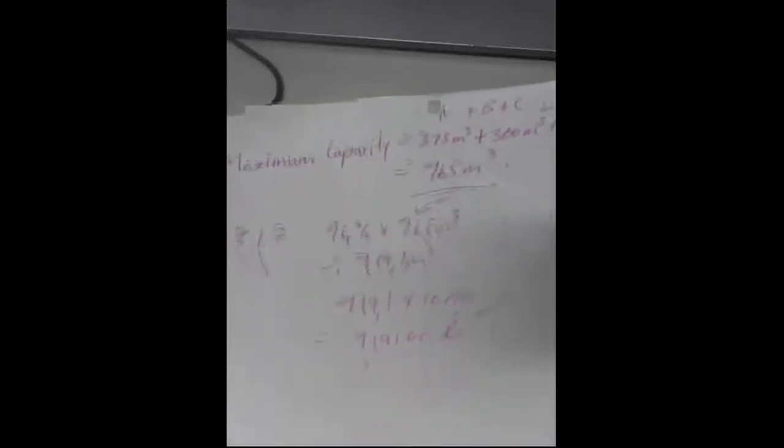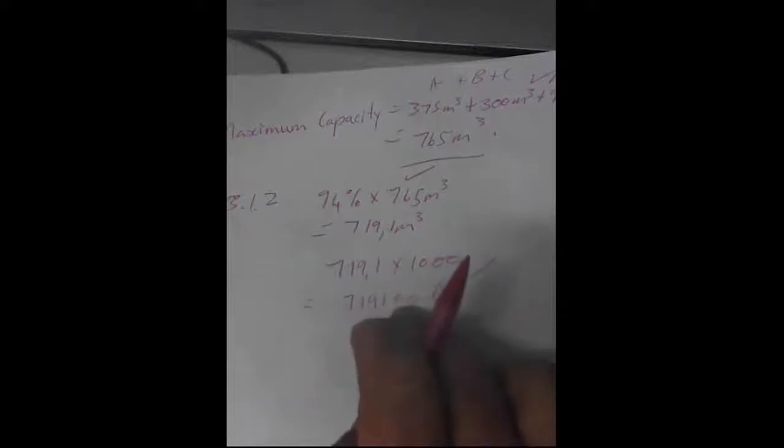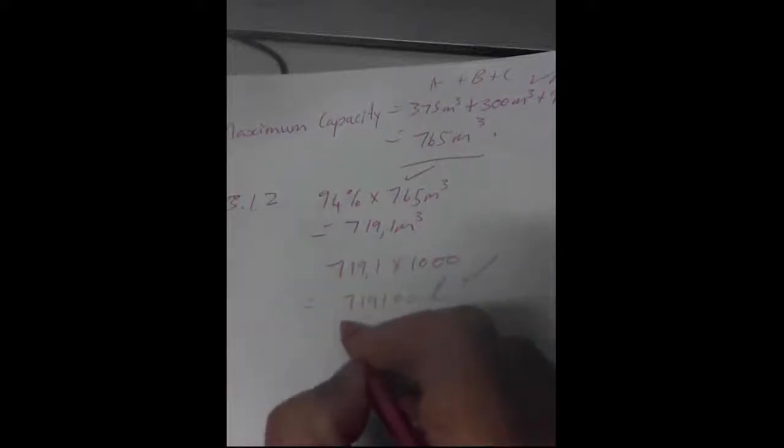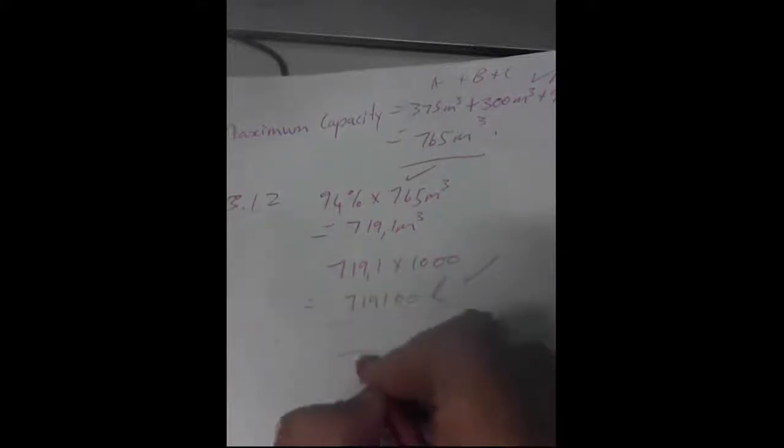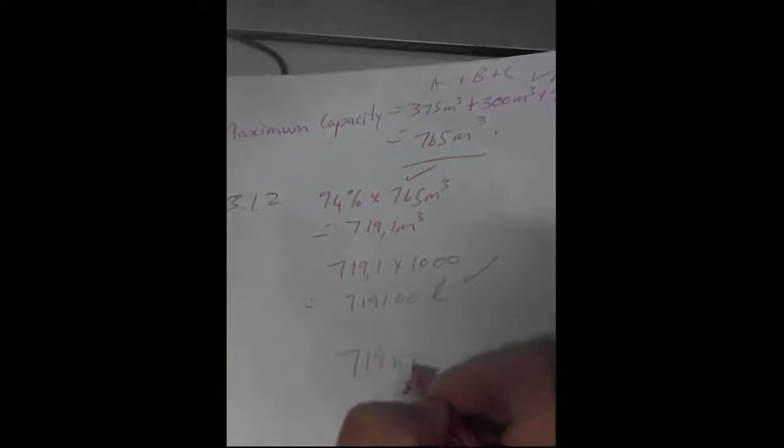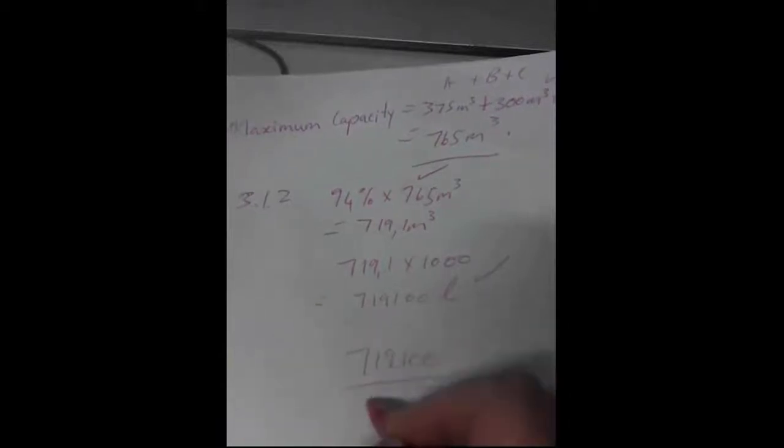It's a lot of calculation just for 1 mark, but do it. Always show your calculations. You never know if they are CA marks. Then you must convert those liters to gallons. So you take that 719,100 and you divide it by 3,785 liters.